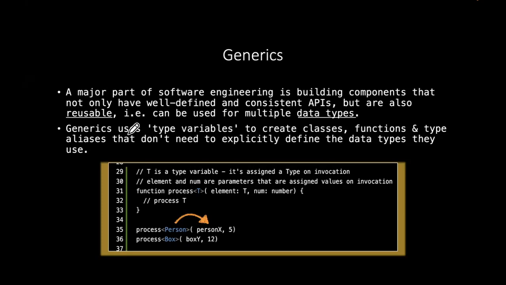Component here could mean a class, a function, an interface, a data type or a type alias. It's applicable right across the board. It's kind of unusual, really, this idea that you don't commit to the data types being used in your component until you actually use the component.